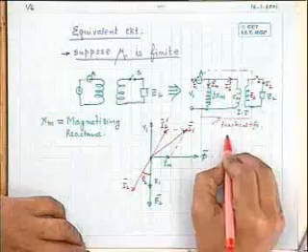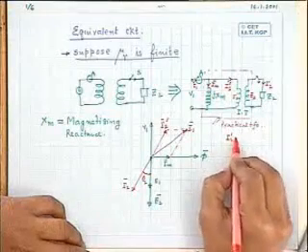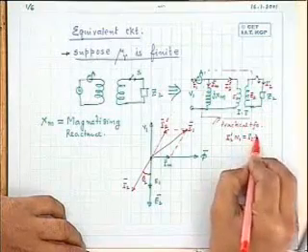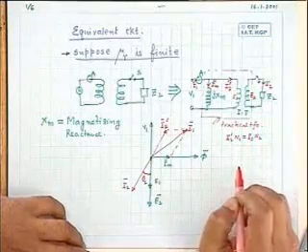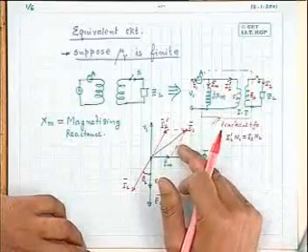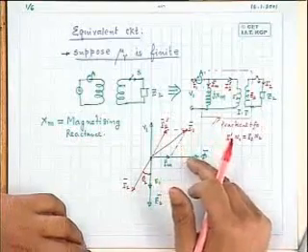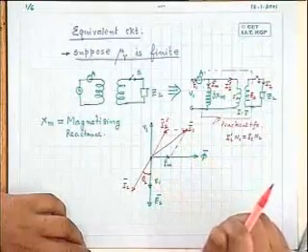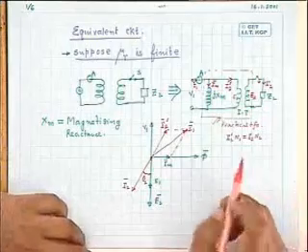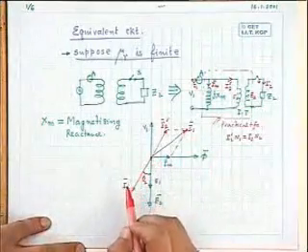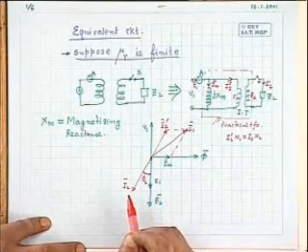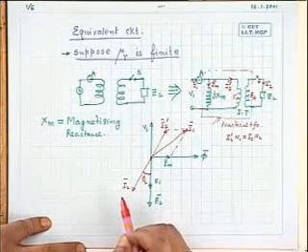Remember that I2 dashed into N1 is equal to I2 into N2. And obviously, strictly speaking, I1 N1 will not be equal to I2 N2. However, in practice, as I have told you, this magnetizing current will be what percentage of the rated current? About 2 to 3% of that.